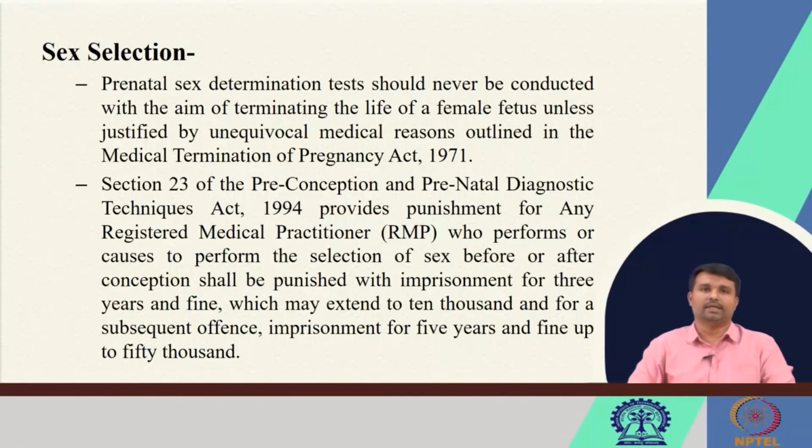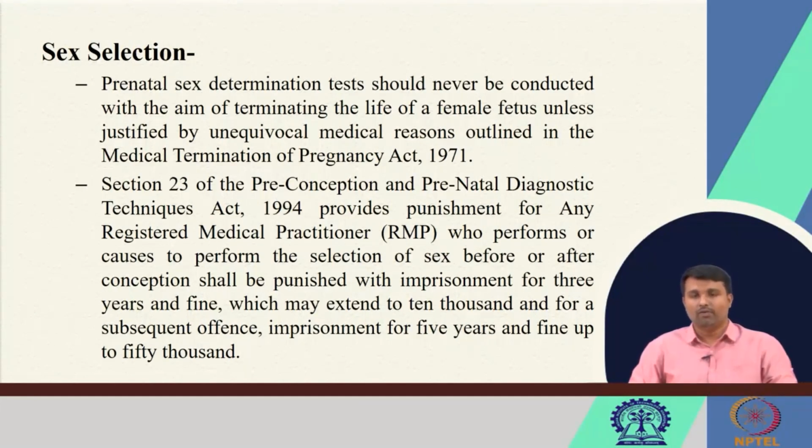Sex selection. Prenatal sex determination test should never be conducted with the aim of terminating the life of a female fetus unless justified by unequivocal medical reasons outlined in the Medical Termination of Pregnancy Act of 1971.